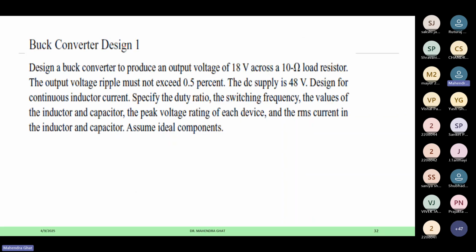The design problem was to design a buck converter to produce an output voltage of 18 volt across a 10 ohm resistance. The output voltage ripple should not exceed 0.5%, and the DC supply voltage is 48 volt. Design for continuous inductor current, specify the duty ratio, switching frequency, the values of inductor and capacitor, peak voltage rating of each device, and RMS current of the inductor and capacitor.